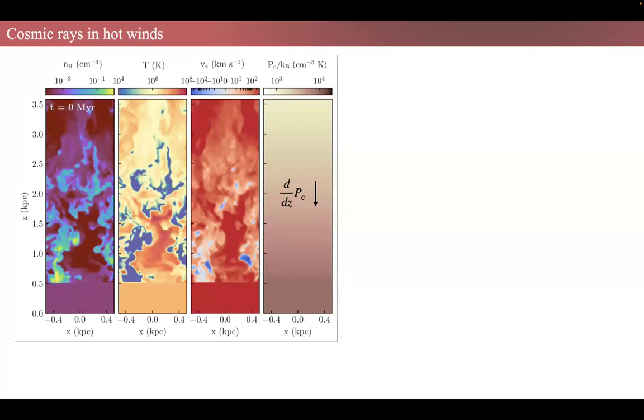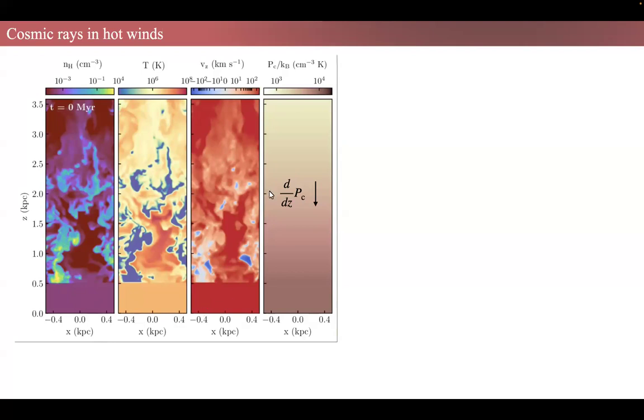In this simulation, we inject, as I said, gas from the bottom of the simulation box, and this gas has a very high temperature, about 10^7 K, and high velocity, about 300-400 kilometers per second.